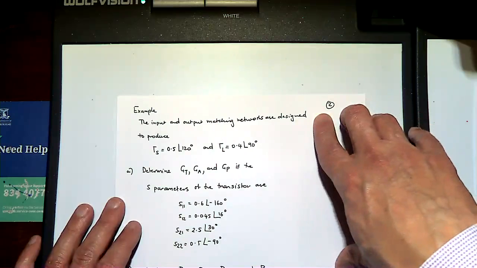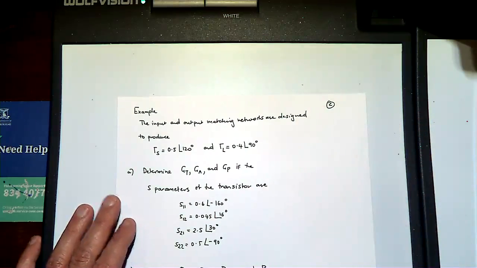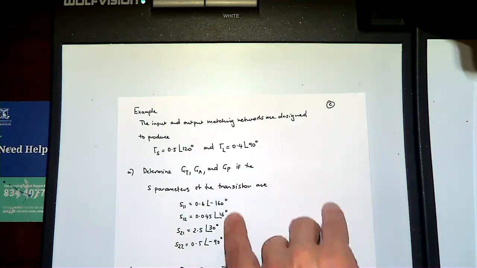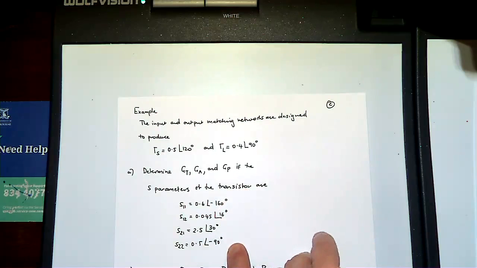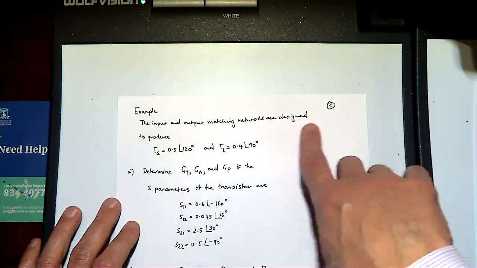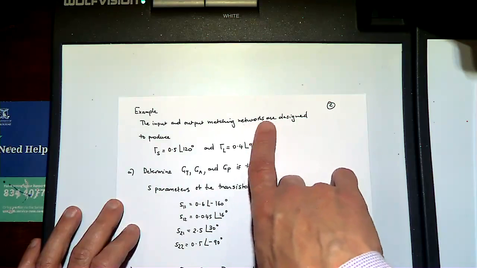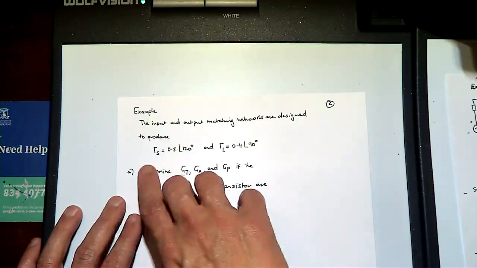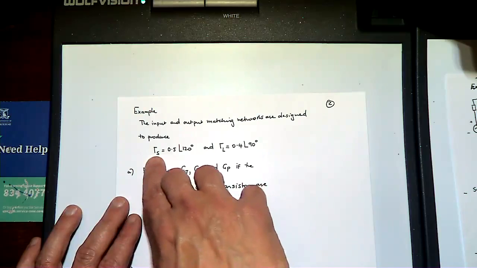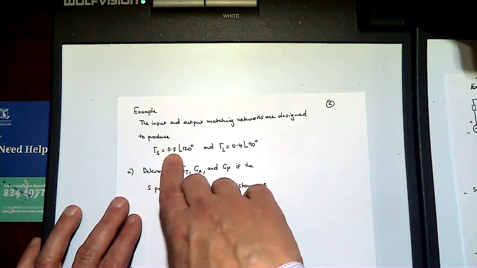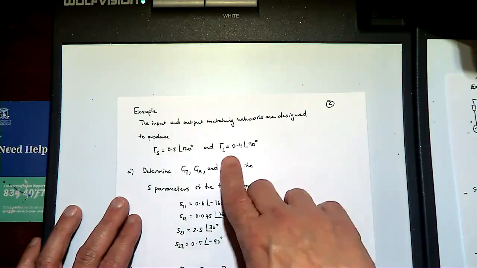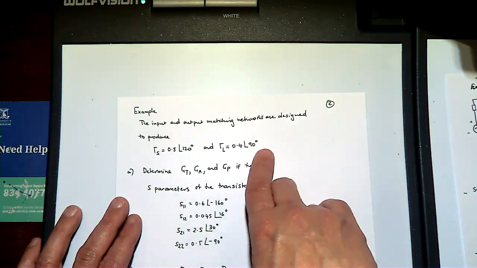Okay, so I've got a transistor with these characteristics, and I've biased it appropriately. I've got the following input and output matching networks, with a source reflection coefficient of 0.5 at 120 degrees and gamma L of 0.4 at 90 degrees.